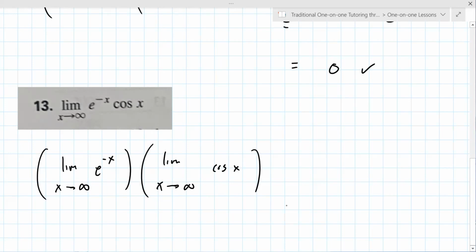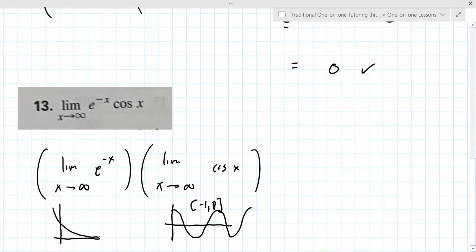Cosine, as you know, just goes between 1 and -1. So you can think, okay, it's always -1 to 1. Well, what happens over here? E to the minus x, when you graph it, it looks like that. So it goes to 0. And 0 times anything is 0.